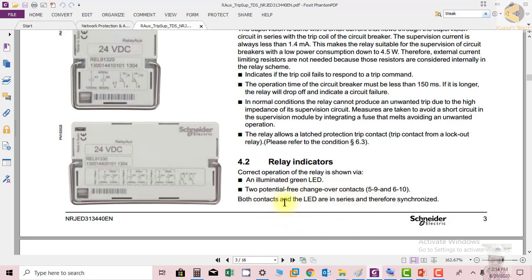Both contacts and LEDs are in series, therefore synchronized. So in this case, in MVAX, if the system is healthy, it's showing a flag. But here, if the trip circuit is healthy, the green light will be on. If it's not healthy, the green light will be off.